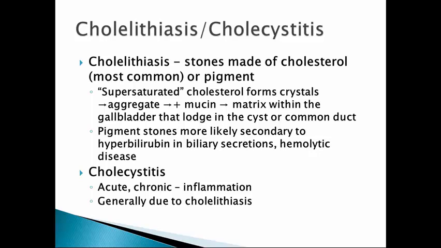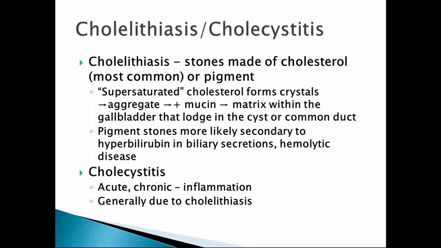So what happens in these cholesterol-based stones is you have supersaturated cholesterol that forms crystals. Now, crystals like to get together, so these crystals aggregate, and as they aggregate, they join with mucin.